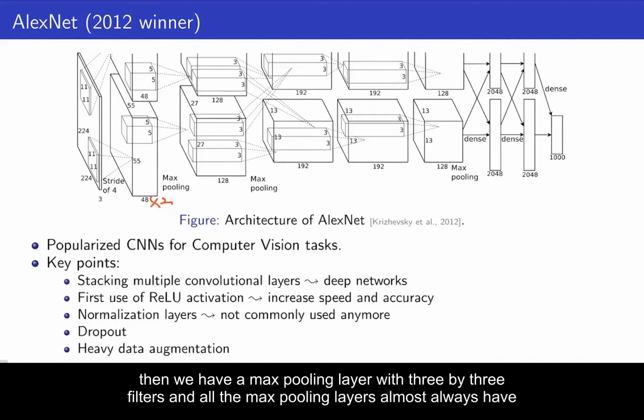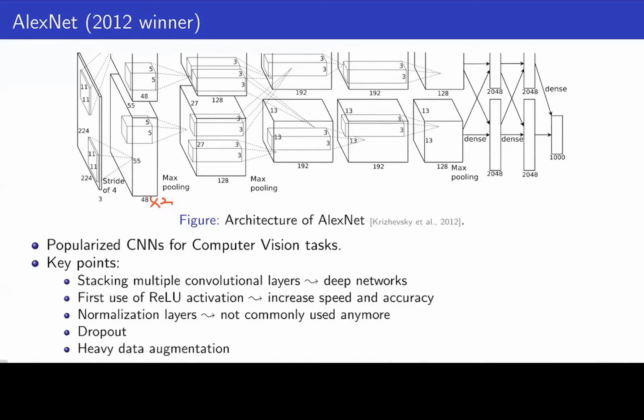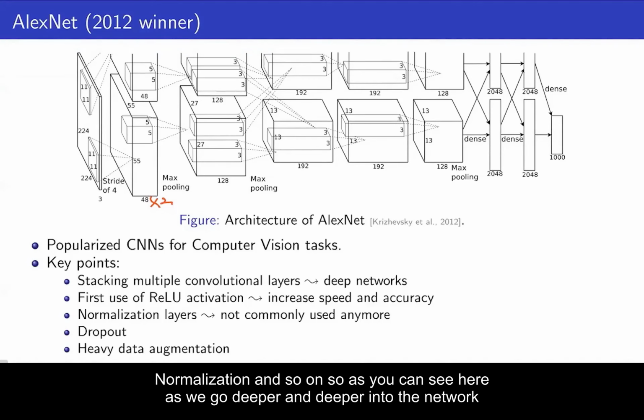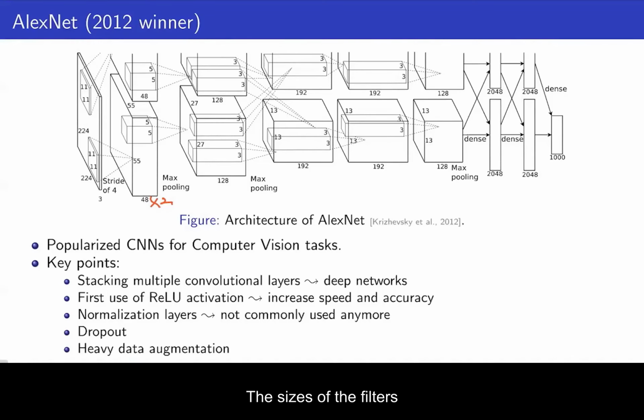Then we have a max pooling layer with 3x3 filters, and all the max pooling layers almost always have 3x3 filters. Then we have a normalization layer here, and again, a convolution, pooling, and normalization, and so on. As you can see here, as we go deeper into the network, the sizes of the filters also reduce a bit.